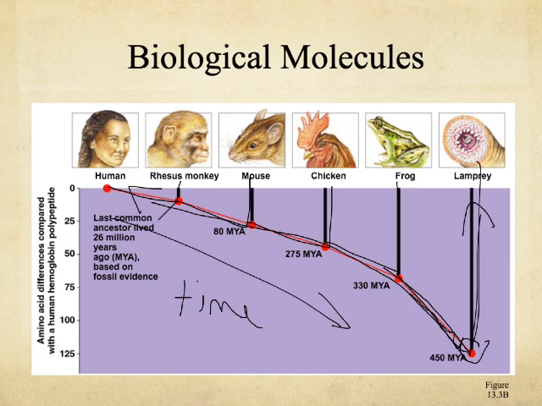Then later on this timeline, a mutation made frogs different, and the other branch led to the human. Even more recently, the chicken diverged, and then the mouse diverged. You can see that us and the monkey had a very recent common ancestor, but us and the lamprey had a very distant common ancestor.